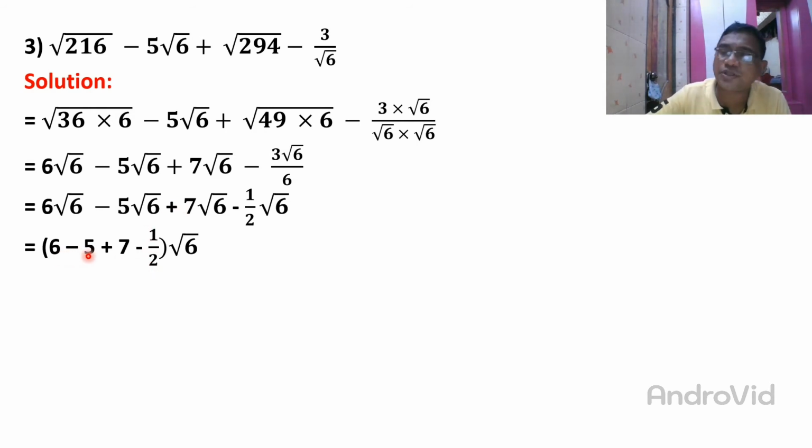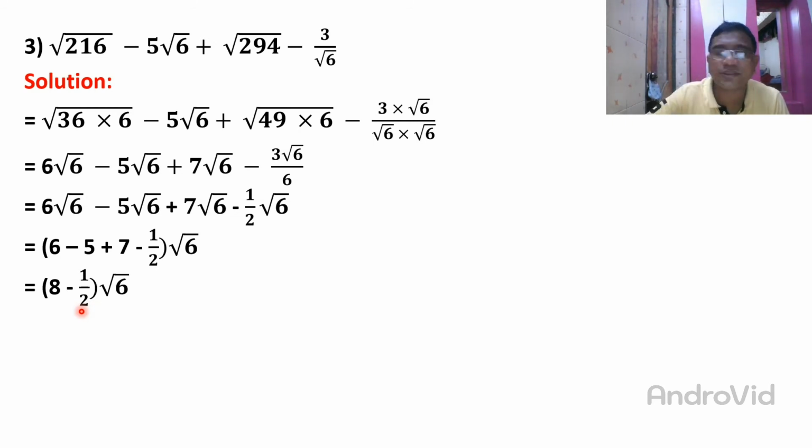6 minus 5, what remains? 1. 1 plus 7 is 8. So 8 minus 1 upon 2. Do you understand? 6 minus 5, what remains? 1. 1 plus 7, what do you get? 8. 8 minus 1 upon 2. So here is the 8, and the denominator is not shown, so the denominator is 1. So 1 is the denominator here and 2 is the denominator there. The denominators are not the same, so we find the LCM.